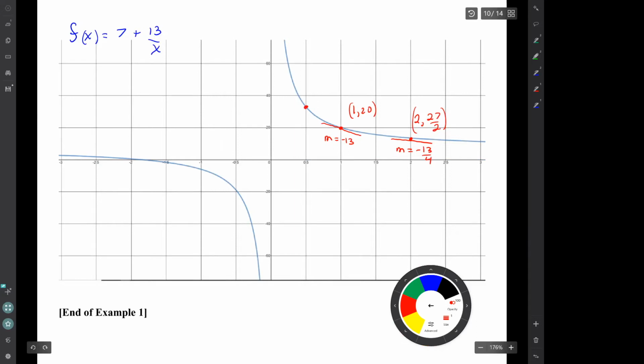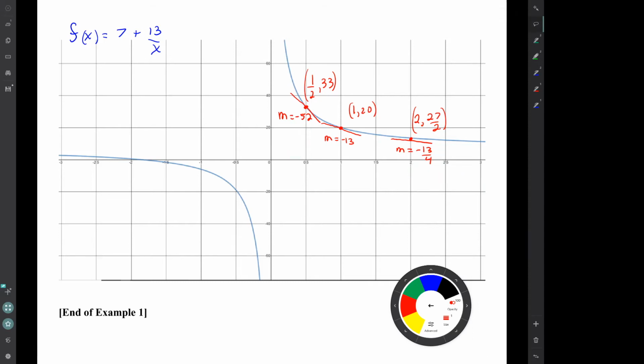So there's the point with coordinates 1/2, 33. And the tangent line has slope negative 52. Notice those numbers that we got for those slopes agree with the graph. The graph is steep here and not steep here, or not as steep.